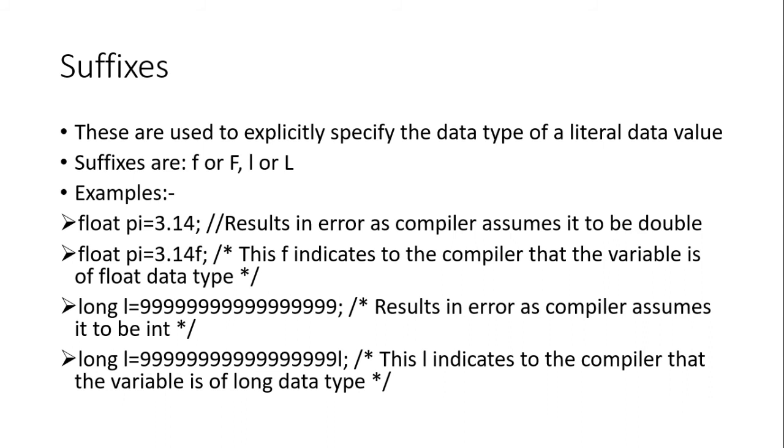Now, what Java does internally, as I said before, is that double is bigger than float. Float has only 4 bytes and double has 8 bytes. So Java, for some reason, considers float pi 3.14 as a double, and it says that there'll be possible loss of precision.